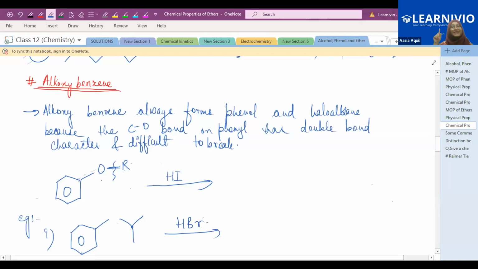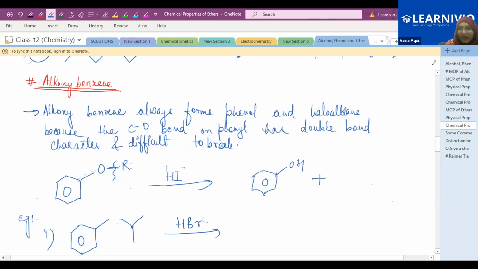You have to cleave one CO bond, and you don't have any option in alkoxybenzene because this oxygen is involved in the resonance, and it is very difficult to break this bond. So you have only one option: break this oxygen and the carbon of the alkyl, this CO bond. Now it's very simple. When you break this bond, hydrogen has a positive charge and this has a negative charge. So hydrogen will be attached to this oxygen and it will form phenol.